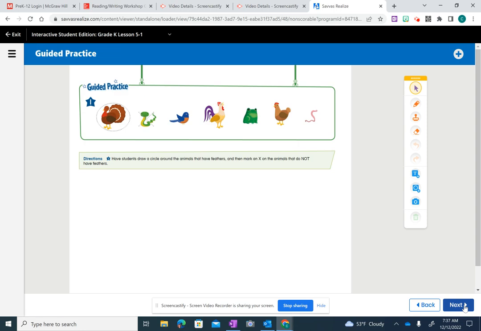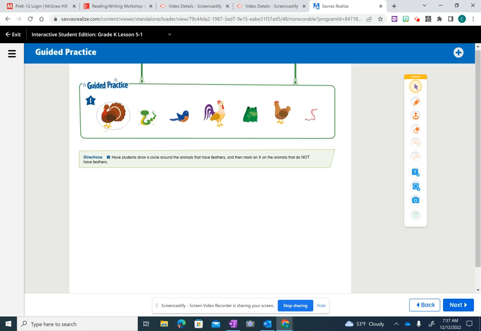All right. Have students draw a circle around the animals that have feathers, and then mark an X on the animals that do not have feathers. So we're circling animals with feathers. We know a turkey has feathers.